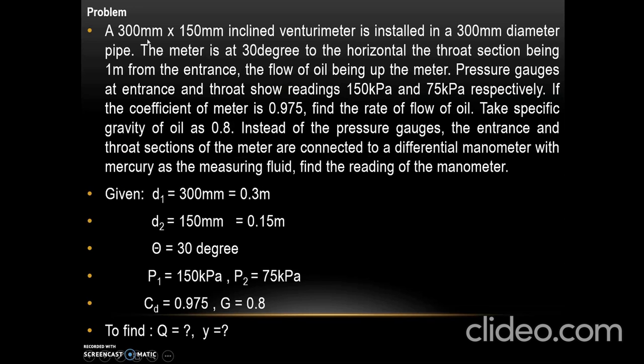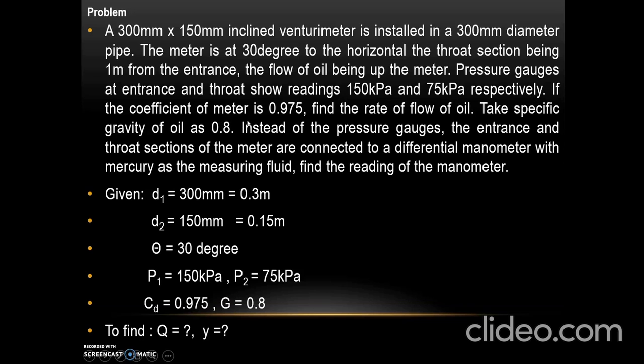Now we will solve one more problem. A 300 mm by 150 mm inclined venturimeter is installed in a 300 mm diameter pipe. The meter is at 30 degree to the horizontal, the throat section being 1 meter from the entrance. The flow of oil being up the meter. Pressure gauges at entrance and throat show readings as 150 kPa and 75 kPa respectively.